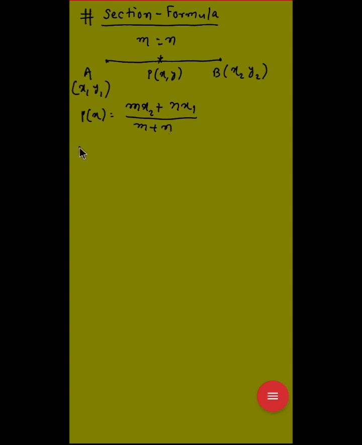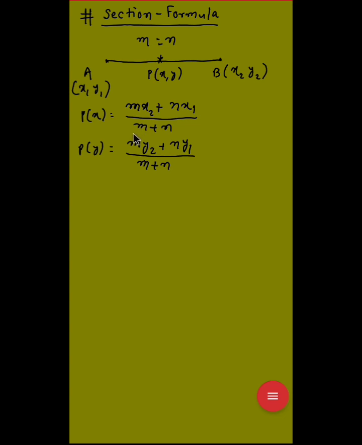Similarly, P of y is given by my2 plus ny1 divided by m plus n.